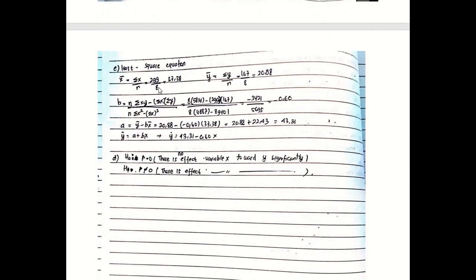And then we move to part C, the least squares equation. We have the formula x bar equals sigma x divided by n. The sum of x is 299, divided by the number of data, 8, so we get 37.38. For y bar, the formula is sigma y divided by n.